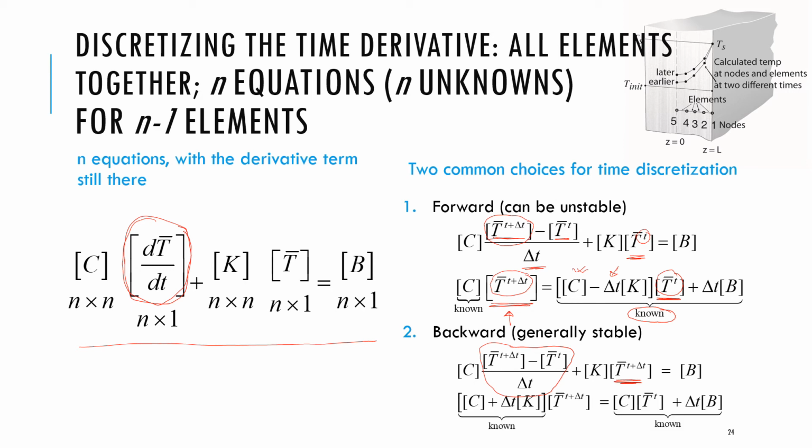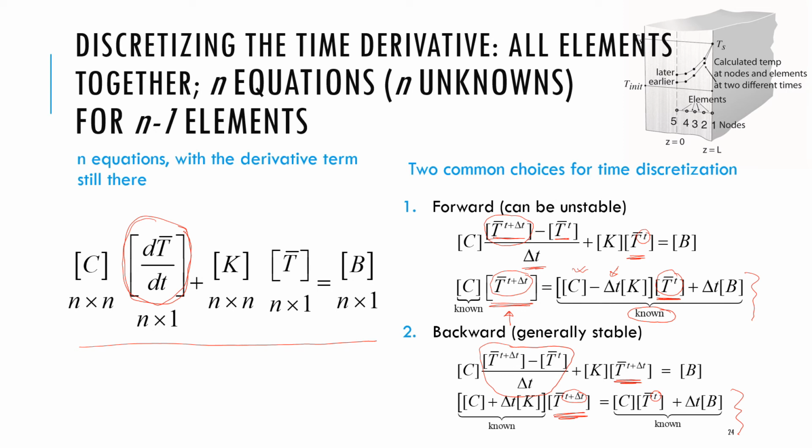Again, if we collect all the terms together for temperatures at t plus delta t and temperatures at t, then the final equation looks like this. This is a bit different from here, but the calculation behavior for them can be quite different.